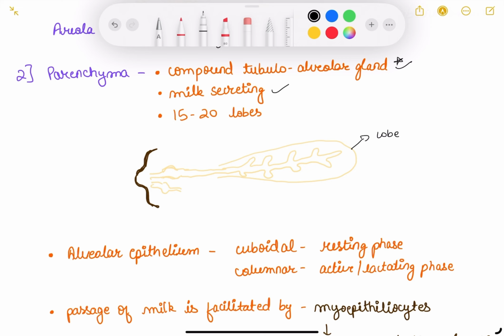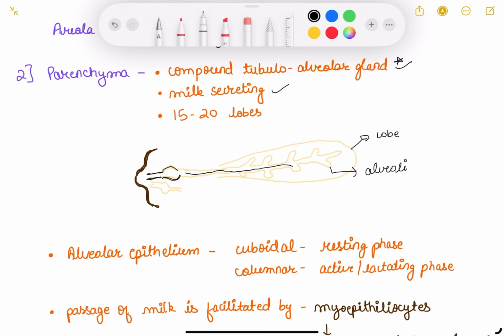Each lobe is going to contain alveoli. These alveoli are the part of the breast where the milk is going to be secreted. So each lobe contains several alveoli. The milk is going to be secreted, and it is going to travel through these ducts into this dilatation just before the opening of the lactiferous duct.